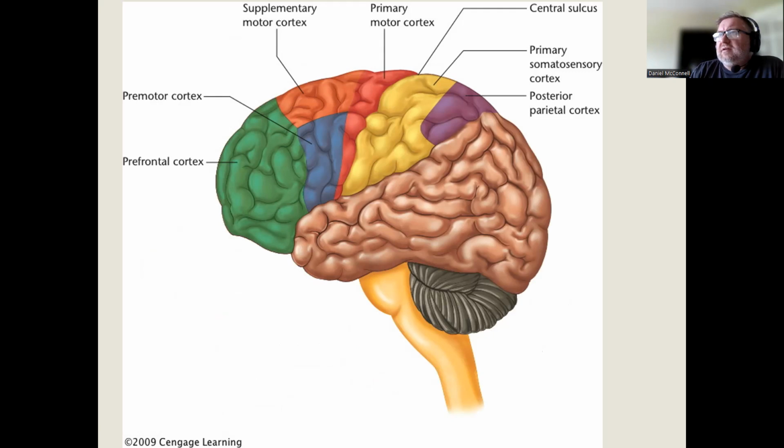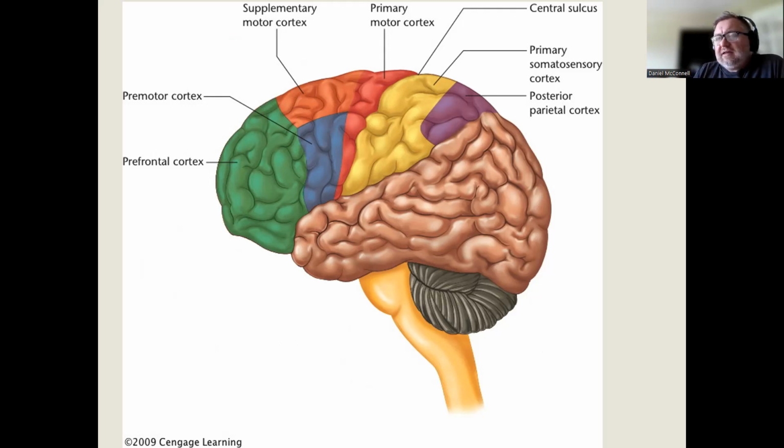Here we see some mapping out of some of the regions of the brain that are important for various topics in this chapter. But for now, I want to focus on what we're looking at in yellow here. So that is our primary somatosensory cortex. So we see the central sulcus, as I said before, that's that main crease that separates the frontal lobe from the parietal lobe.